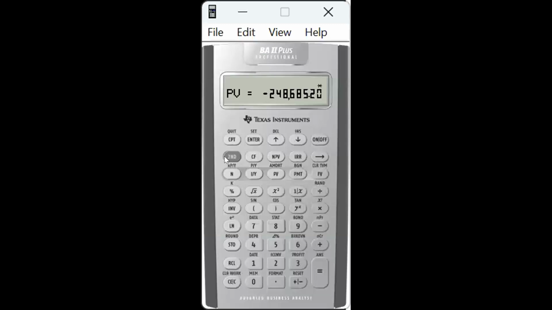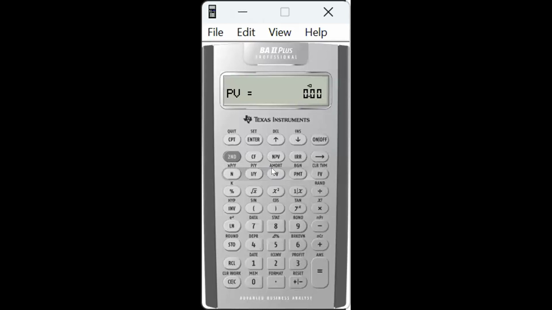So what we'll do from the previous problem is hit second and clear. And again, that is clearing out all of our work from the previous problem. So none of that is going to be an issue at all. So what you're doing in this case is 4 is going to be your N, 3 is your IY. Your present value is 0. And what this means is currently the annuity is worth 0. You have 0 saved.